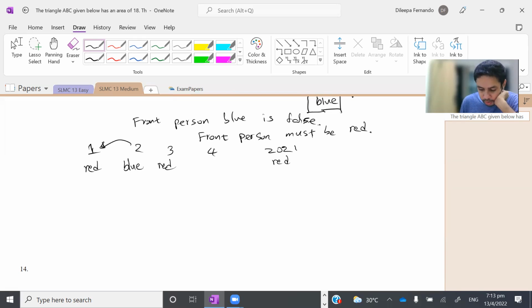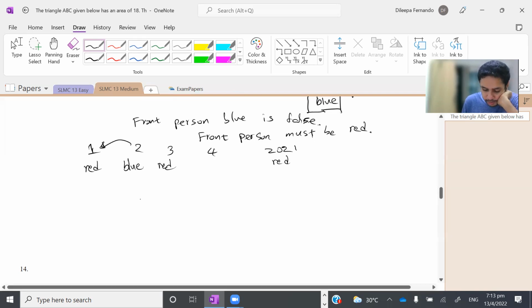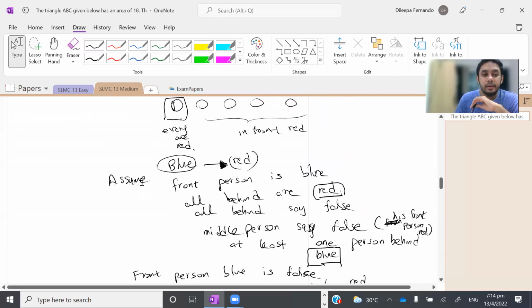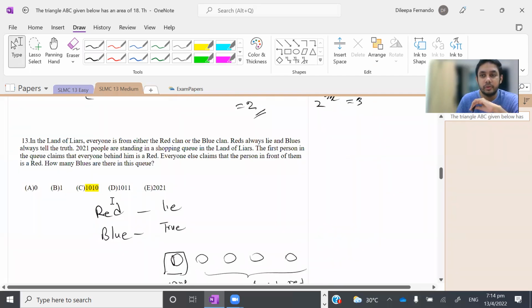Since 2021 is an odd number, there should be more reds than blue. So it's like how many even numbers are between 1 to 2021. So the answer is 1010. So there are 1010 blues, and there is one more red, 1011 reds. Okay, answer is 1010.